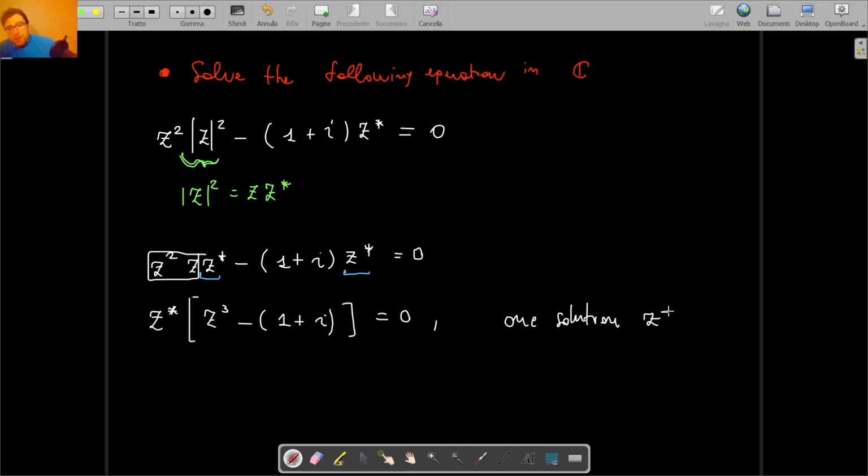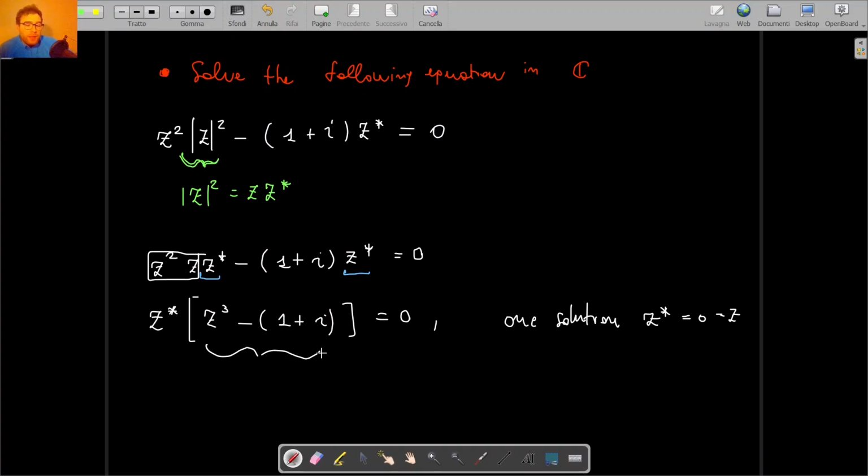Now we know that one solution is of course z star equal to 0, which corresponds to z equal to 0, because this is a trivial real number. This solves the equation by the product rule, but as we have said, this is a trivial solution.